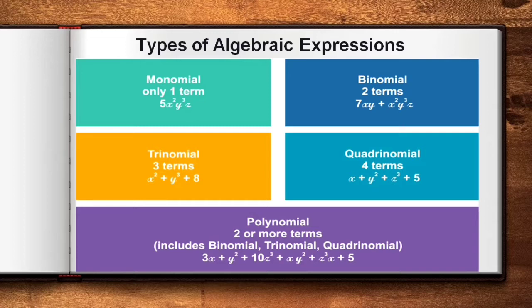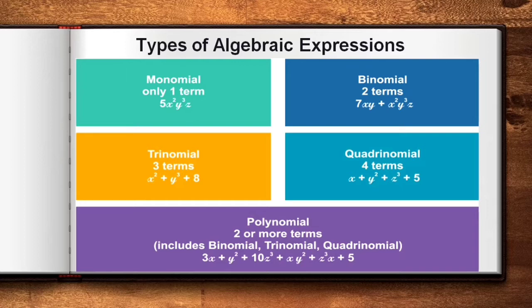Binomial is an algebraic expression with two terms. Bi stands for two, while trinomial is an algebraic expression with three terms. Tri stands for three. Quadrinomial is an algebraic expression with four terms. Quadra means four.